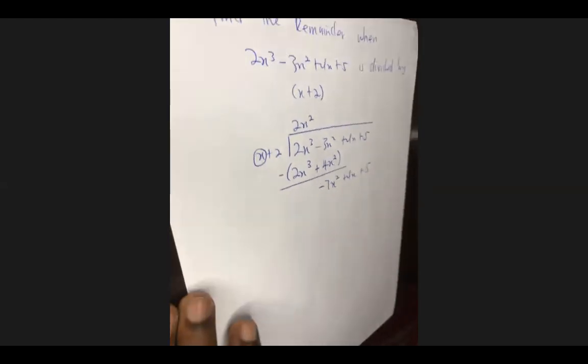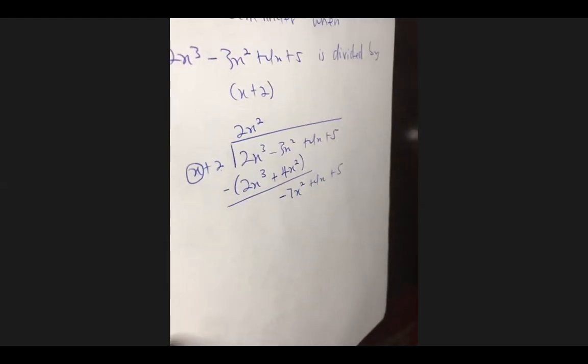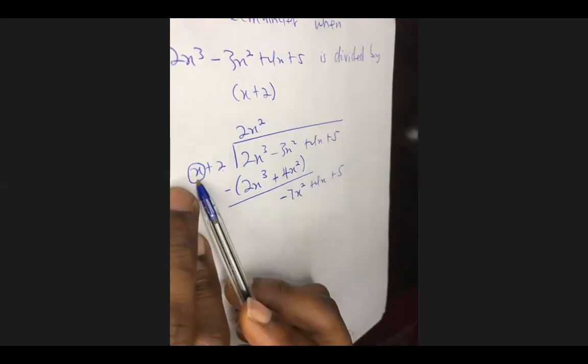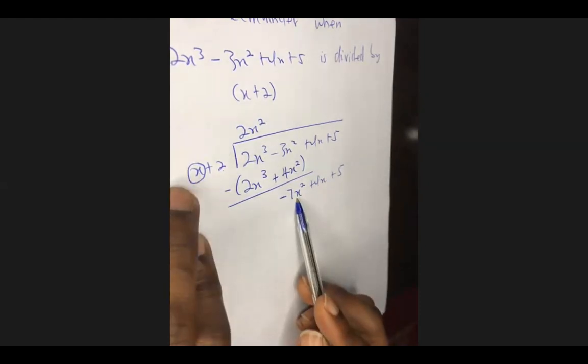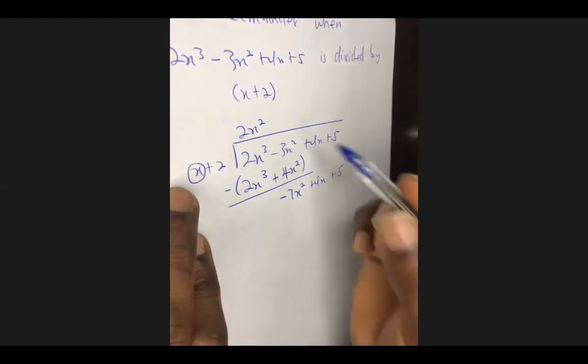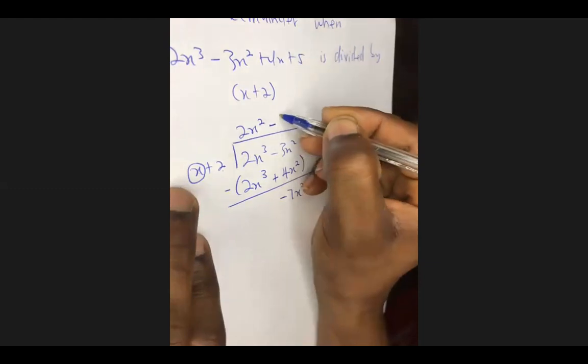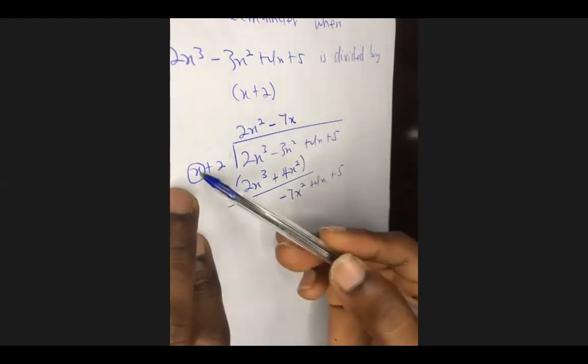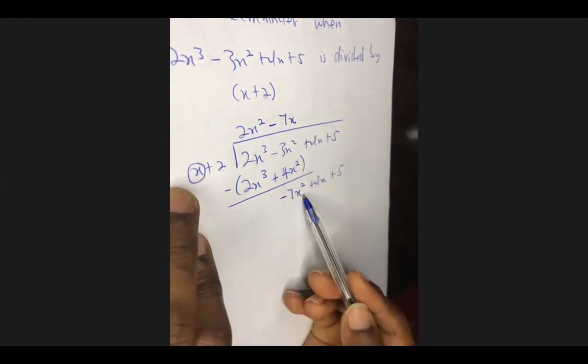Now my next step is to pick the x again and check the number of times it is going inside this guy. So x will go here minus 7x, because negative 7x times x is what is going to give you negative 7x squared.